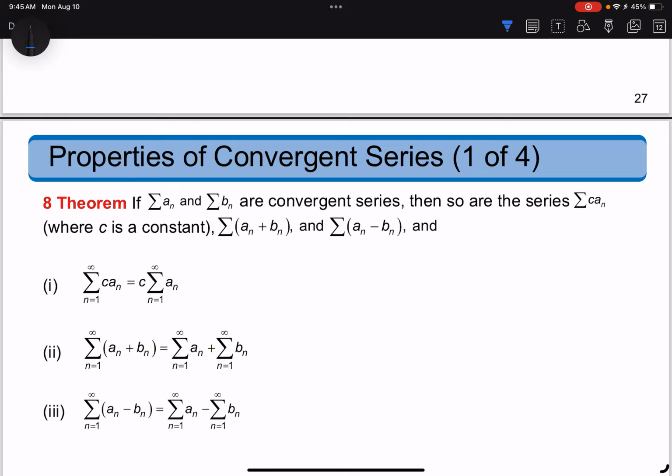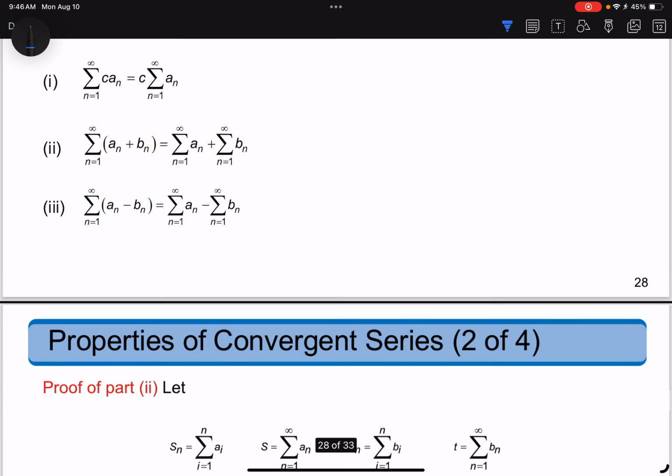So the summation of c times a sub n is equal to c times the summation of a sub n. The sum of a sub n plus b sub n is the sum of a sub n plus the sum of b sub n. And the sum of the differences is the sum of a sub n minus the sum of b sub n.